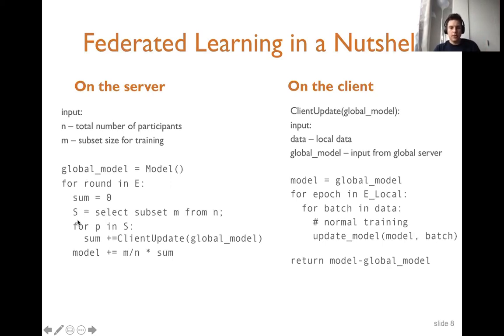And then for each user, usually done in parallel, you send the global model to them, and they compute the update and return this update.